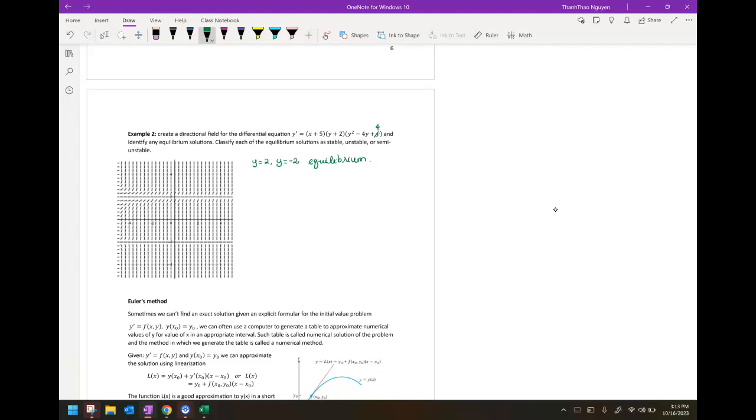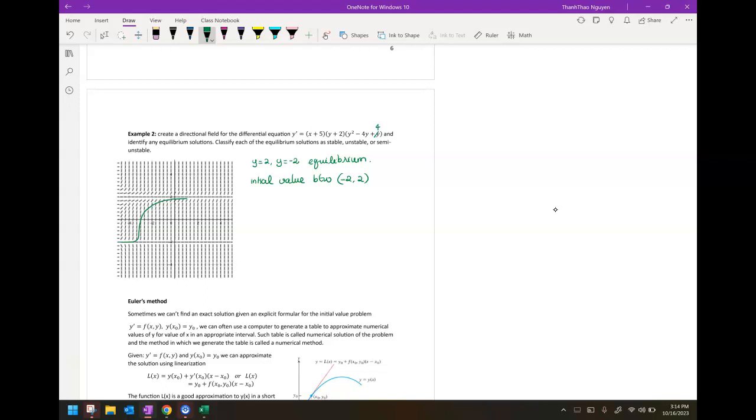So let's see what happens if the initial value is between -2 and 2. So it means y is between -2 and 2. If you notice, if y is between -2 and 2, it approaches y equals 2.